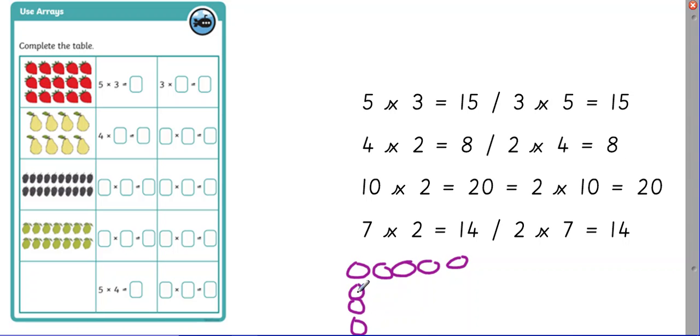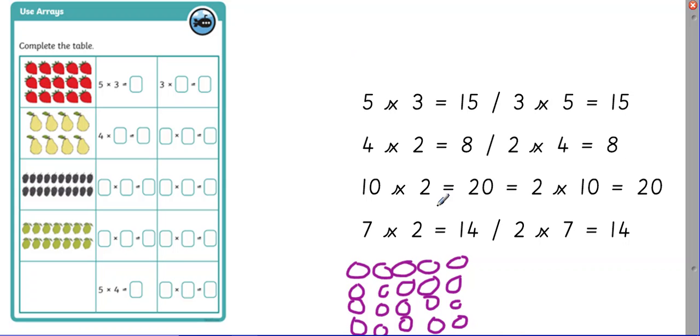So now I've got 1, 2, 3, 4 in that group, and the same for each of the other groups.